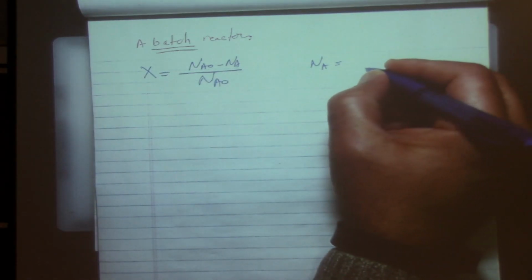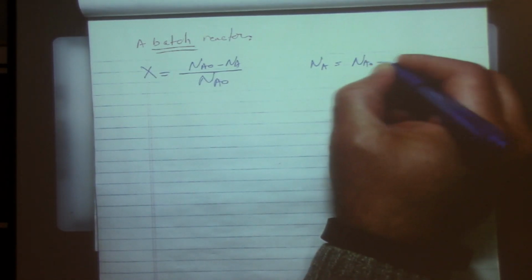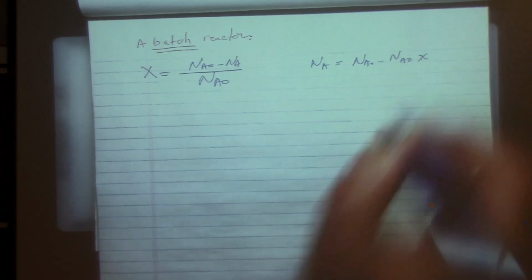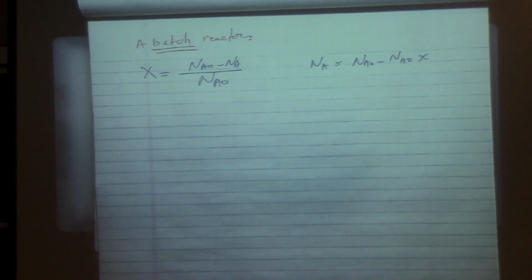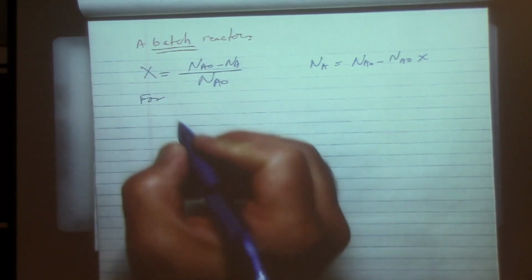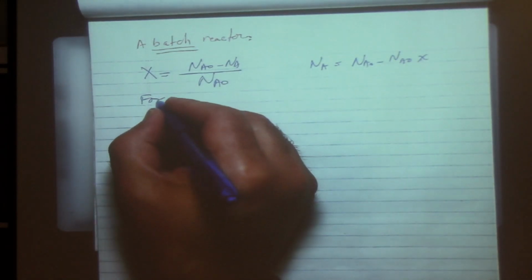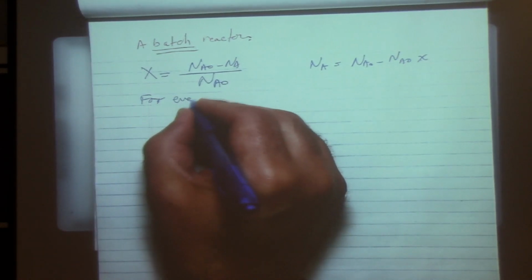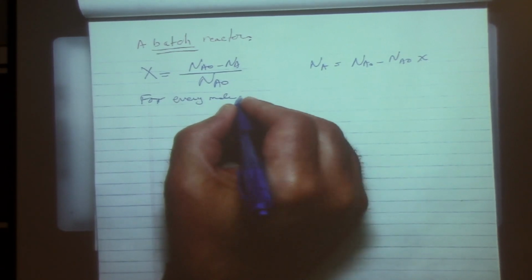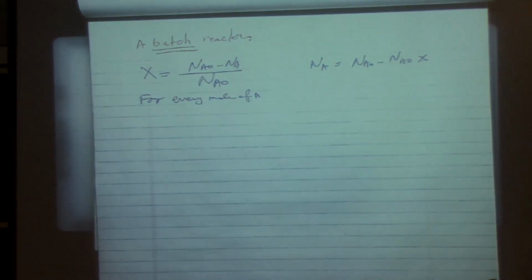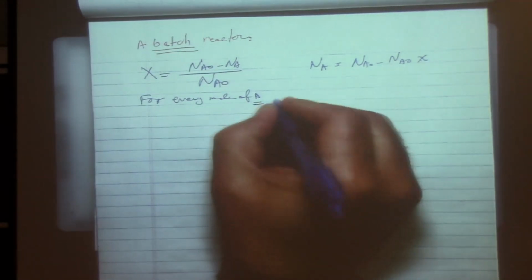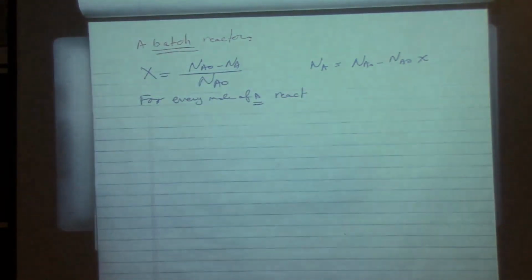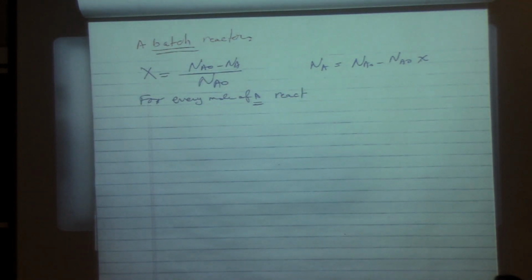Well, you can do this one as NA0 minus NA0 times X. If you look at the stoichiometry of the reaction, for every mole of A that reacts, how much of B is getting reacted?